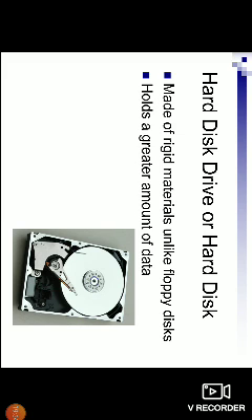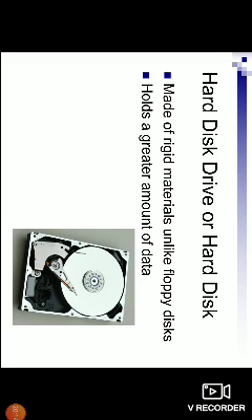So next one is the hard disk drive, or hard disk. It is made of rigid materials and, unlike floppy disks, holds a greater amount of data. See the hard disk picture.